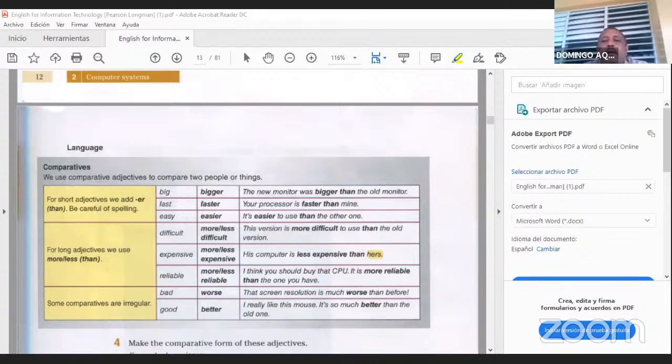Pronoun, possessive pronoun, and adjective pronoun, and reflexive pronoun. Reflexive, possessive, adjective, object, and normally the pronoun here.